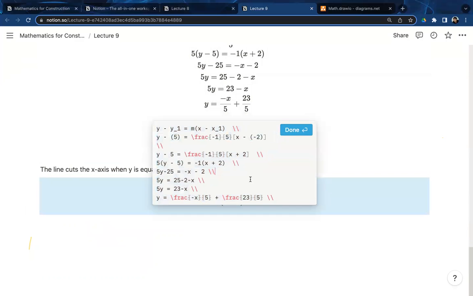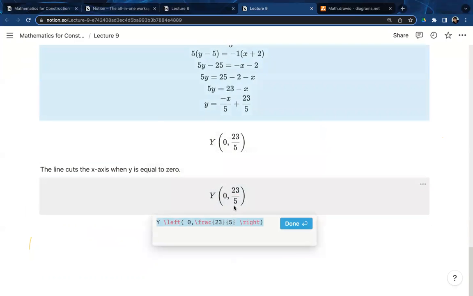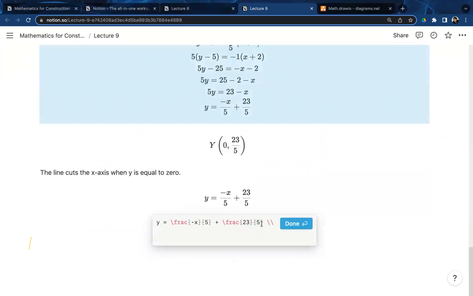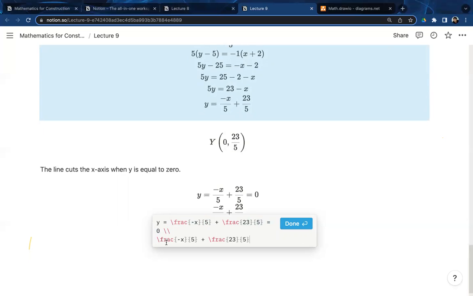So I'm going to put y is equal to 0 in this equation, right?